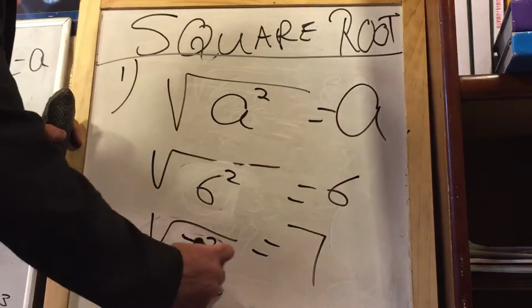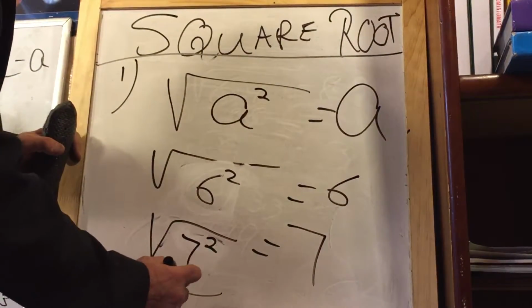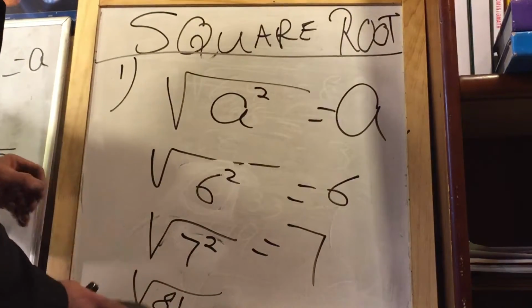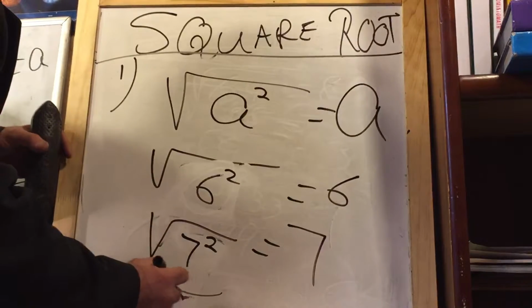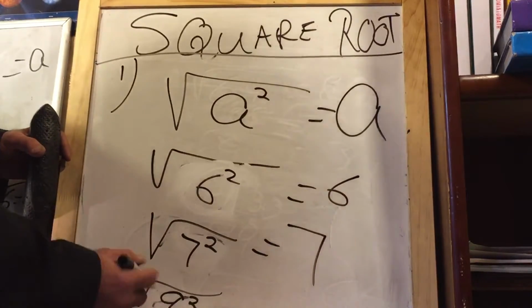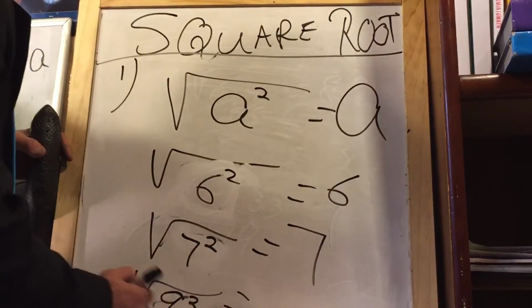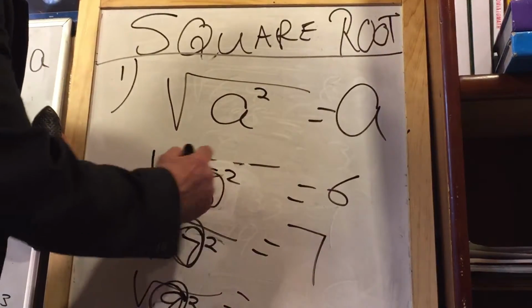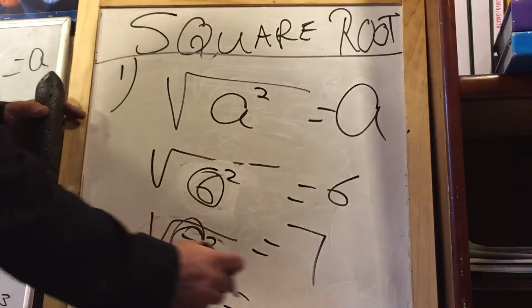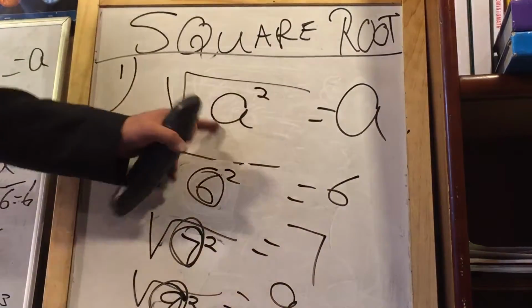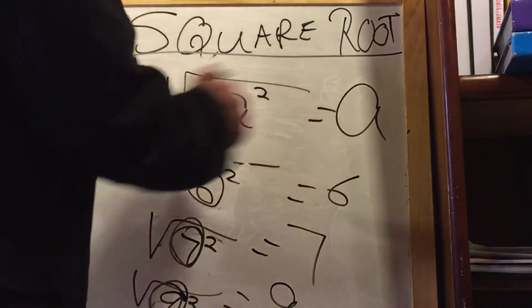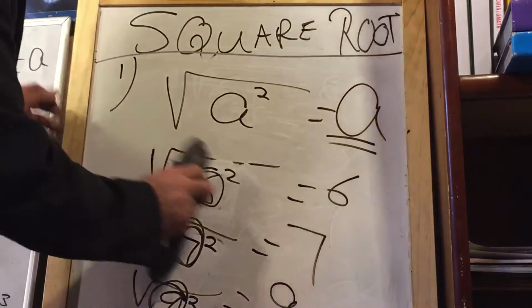If we have square root of 81, which is 9 times 9, right? So it's 9 square, same as 81, equals what? Equals 9. That is the rule they're telling you about. Square root of a square is a. Okay, that's the first rule.